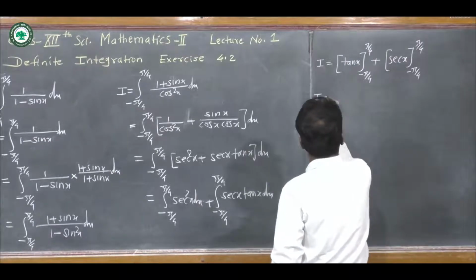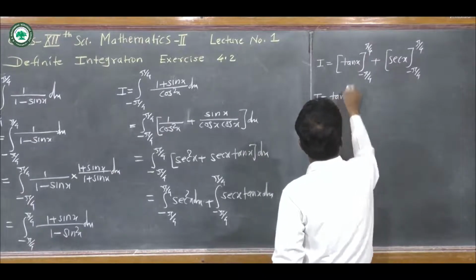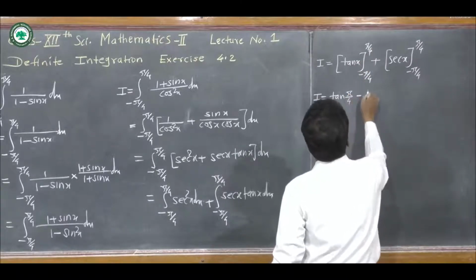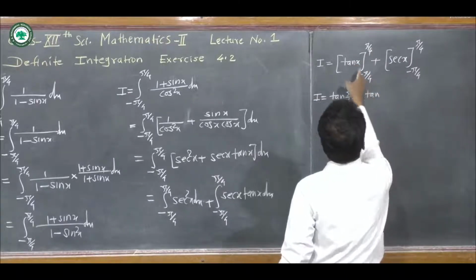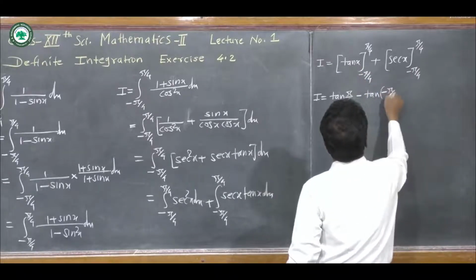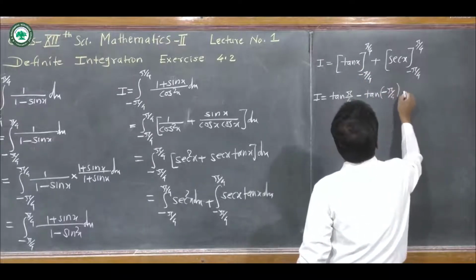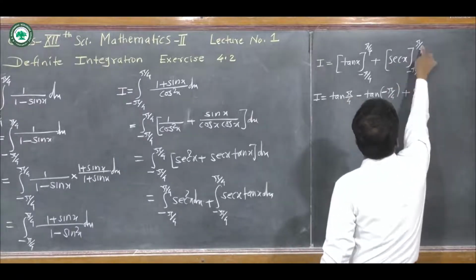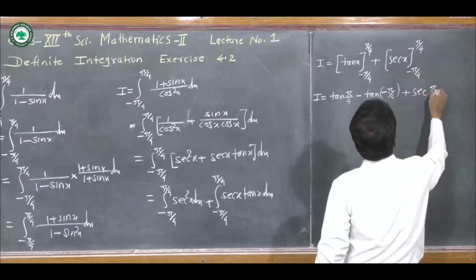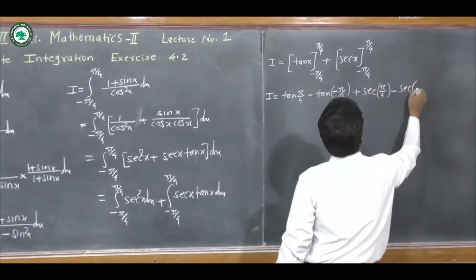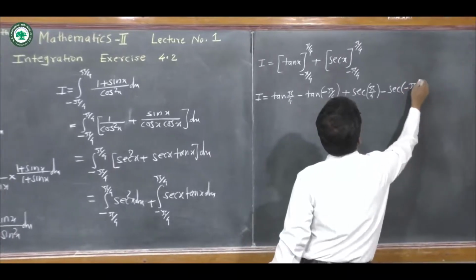And now put the value of x as pi by 4 and then minus pi by 4, and therefore I is equal to here tan of, in place of x we put upper value pi by 4, minus tan of, in place of x now we put minus pi by 4, then plus here sec of pi by 4 minus sec of minus pi by 4. Get it?